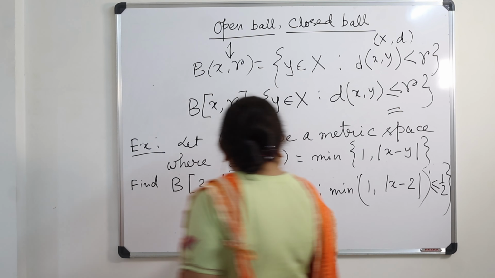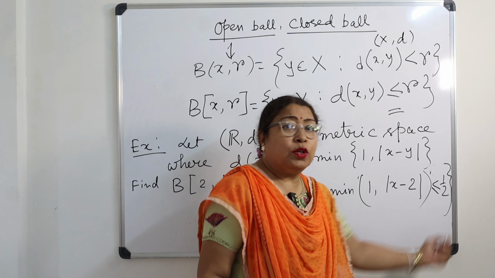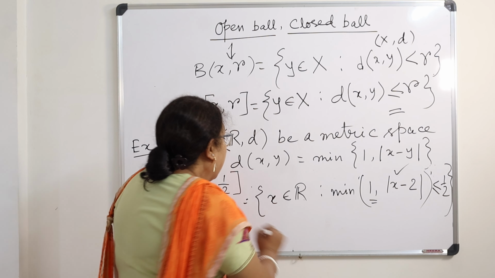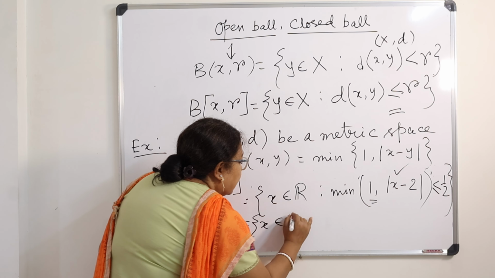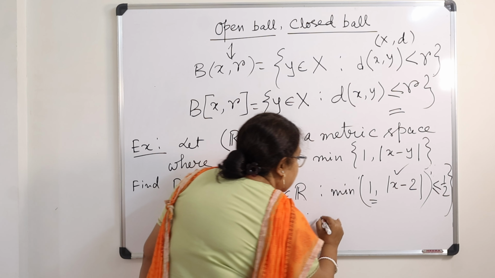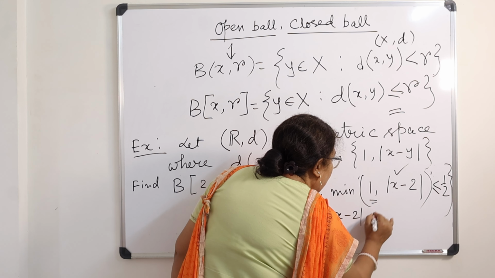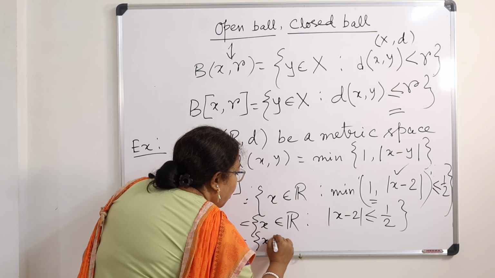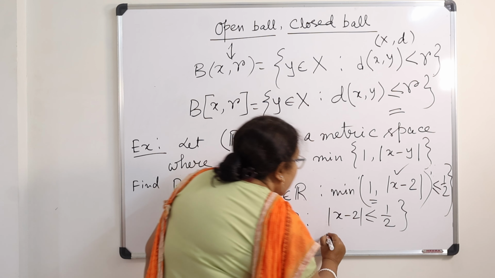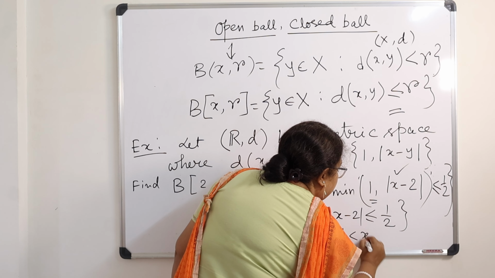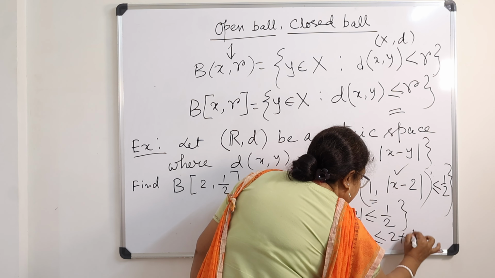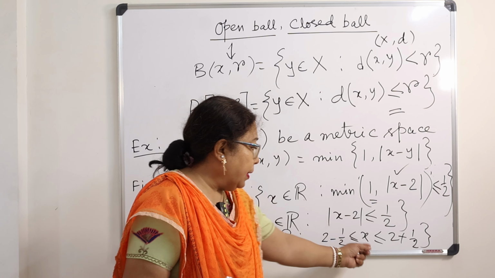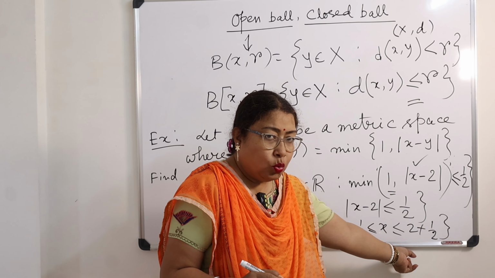So minimum is less than or equal to half. So minimum always gives from this part. Therefore we can write all those x in R such that mod of x minus 2 is less than or equal to half. And after simplifying you get all those x in R such that 2 minus half is less than or equal to x less than or equal to 2 plus half, and therefore it is 3 by 2 less than or equal to x less than or equal to 5 by 2.